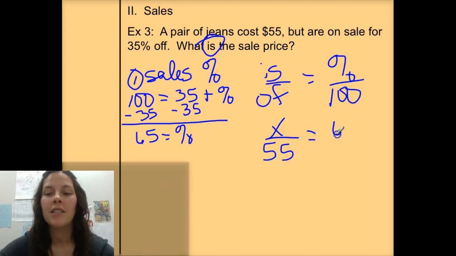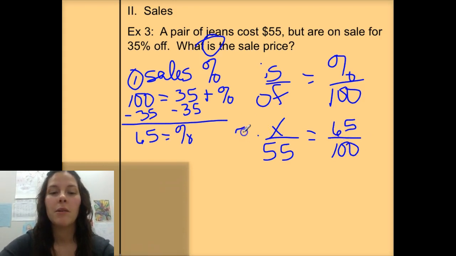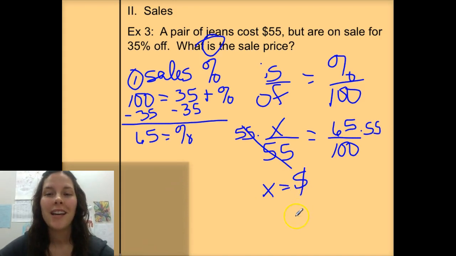So that's the percent that I'm using in my proportion. Solving for x, I'm going to multiply both sides by 55 to cancel my denominator. So the sale price of my jeans at 65% of $55 is $35.75.